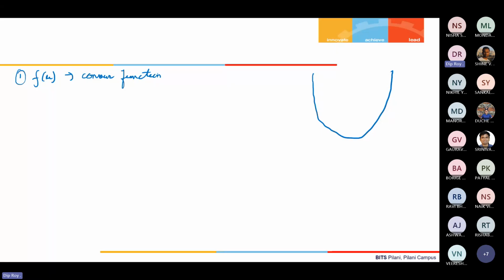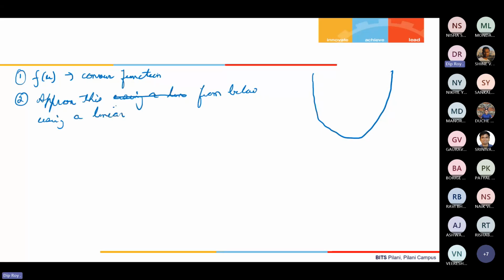So what I'm going to do is approximate this from below using a linear function TU.